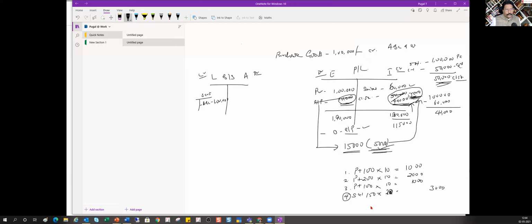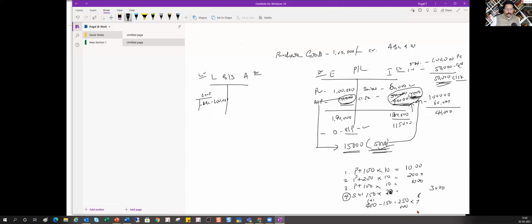Now, if you have to arrive at your closing stock, how are we going to do it? It is very simple. My total purchase is 400 numbers, so 400 is my inward minus 150 is my outward. Now I am left with 250 numbers. What is the rate that you're going to apply?